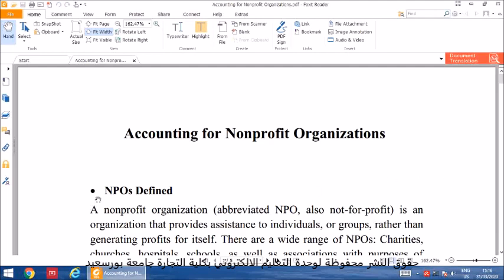First of all, we need to define non-profit organization. A non-profit organization, abbreviated NPO. NPO is the abbreviation of non-profit organization. Also called not-for-profit. So we can say accounting for non-profit organizations, or we can say accounting for not-for-profit organization.